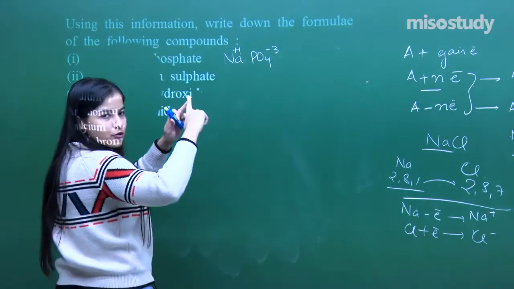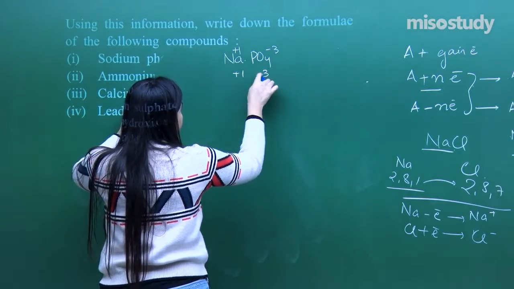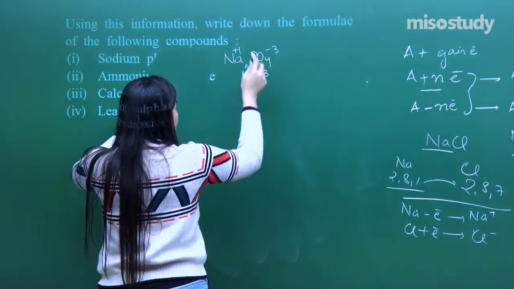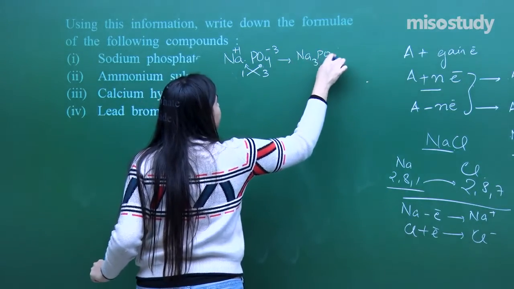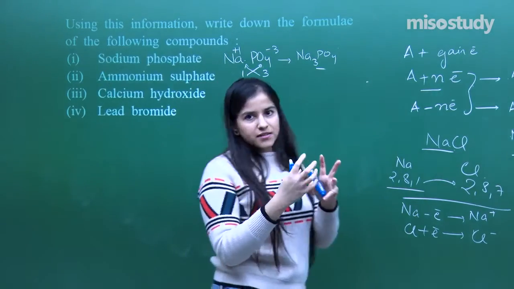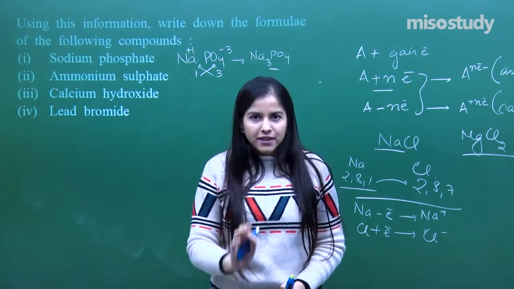I need to equate the 2. How do we do it? +1 and -3, so these are the valencies, basically 1, 3. Let us try to cross multiply. Na3PO4 is the answer, because we need to equate the charges. The positive charge must be equal to the negative, so that we get the total charge as 0, and a neutral compound is formed.